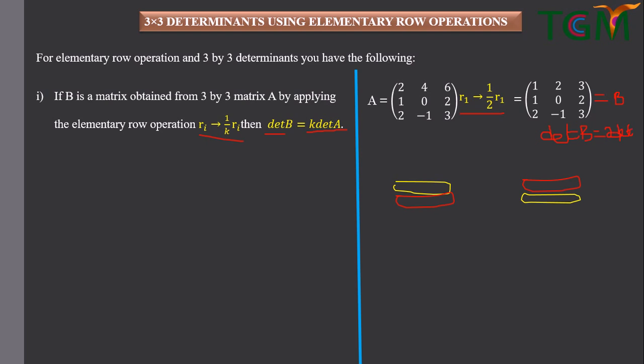That is what that property means. The determinant of B should be equal to 1 over 2 multiplied by the determinant of A.